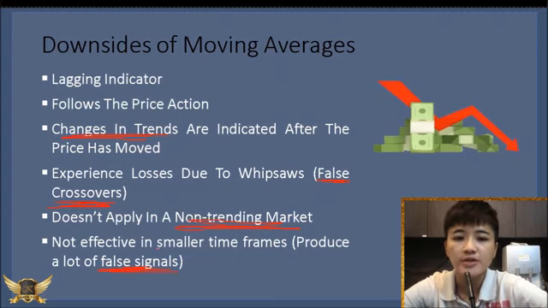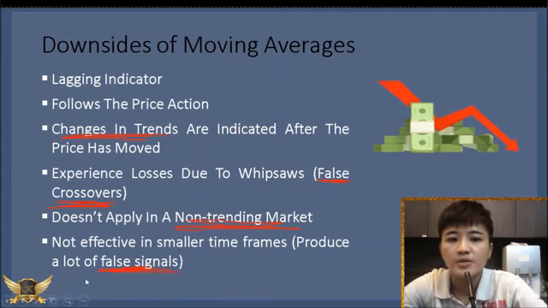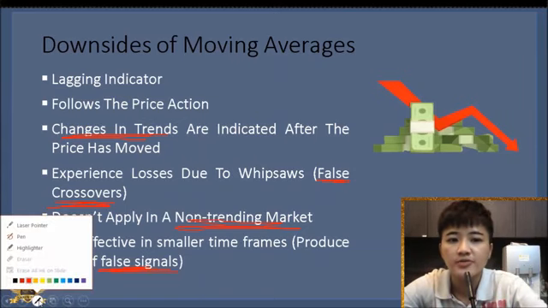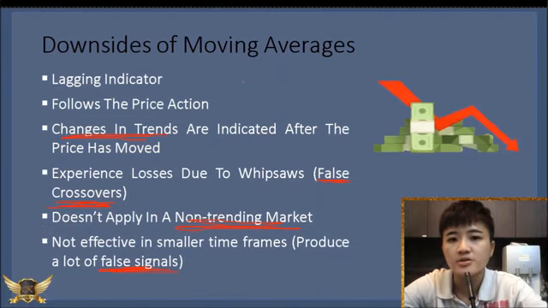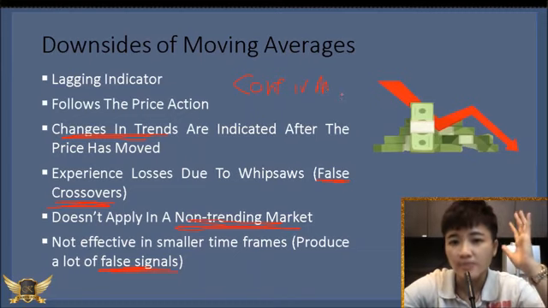So if you're using super small time frames, like 1 minute, 5 minutes, then you don't really need to rely on moving average as much as somebody who just buys and rides the whole entire trend. One thing you need to bear in mind is that moving average is not meant for you to predict the change in trend. So what is it used for? It's used to confirm that a new trend has been formed.